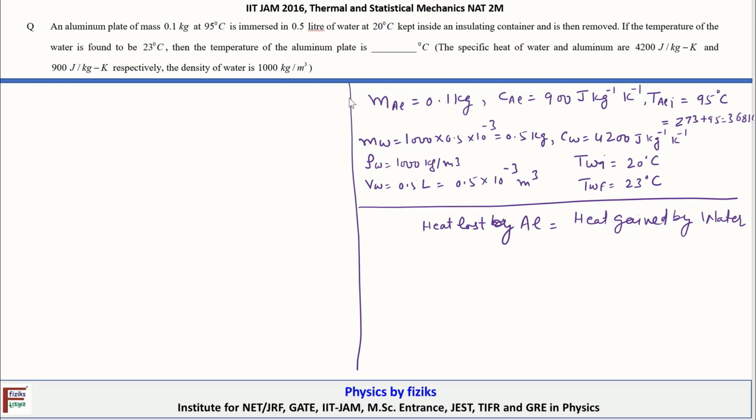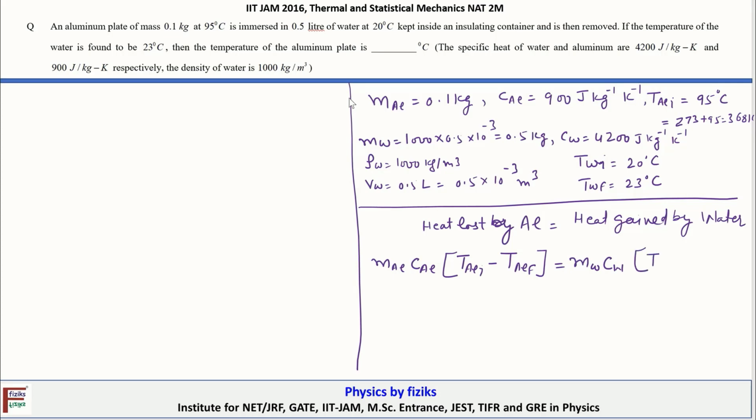Now the heat lost by aluminum is equal to the mass of aluminum multiplied by the specific heat of aluminum and the temperature difference, because the temperature has fallen for aluminum. So here the initial aluminum temperature, which is larger than the final temperature, minus the final aluminum temperature, is equal to the mass of water times the specific heat of water, multiplied by delta T.